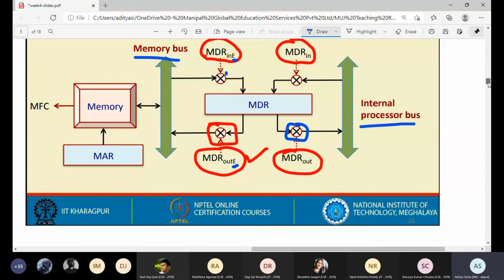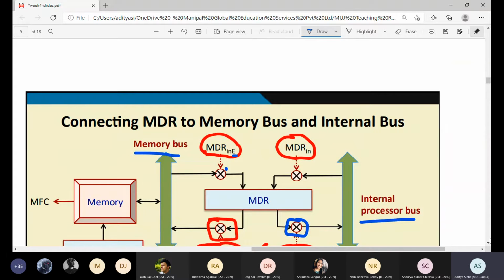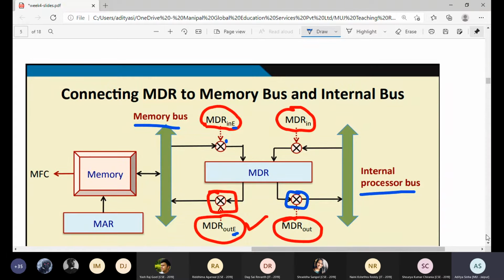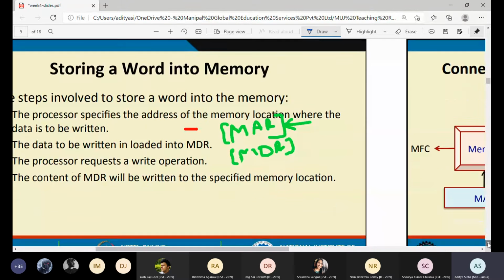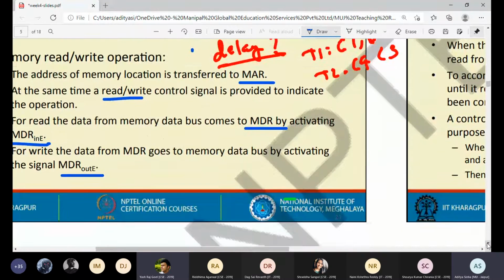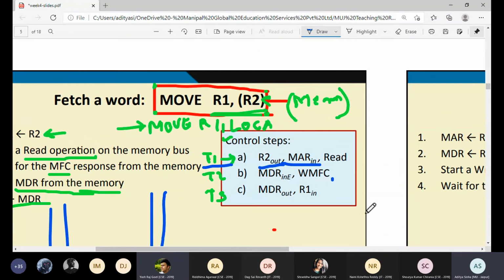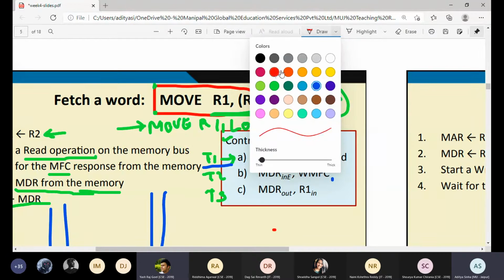System or memory? The data when we do R2 out as high, will it be available in the memory bus or system bus? So I think memory, sir.